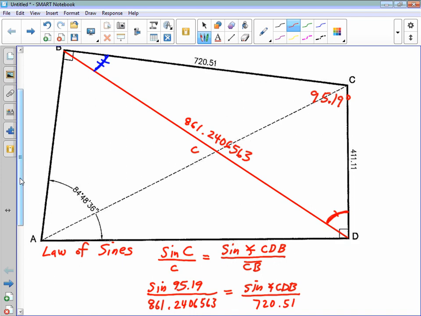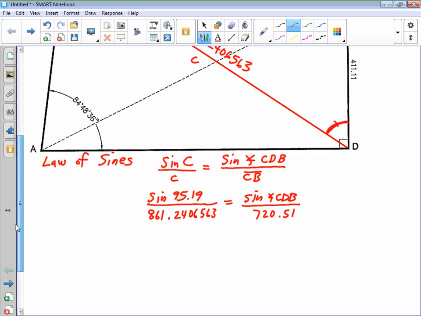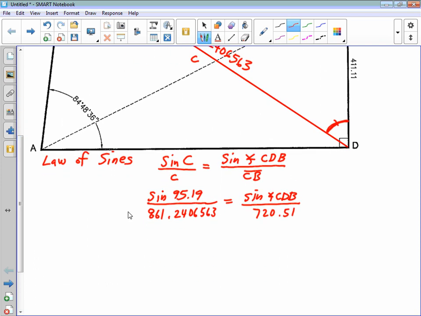I'm going to go down here and see if I can extend just a little bit so we can work on this. Okay. Now, as always, we're going to cross multiply and divide.